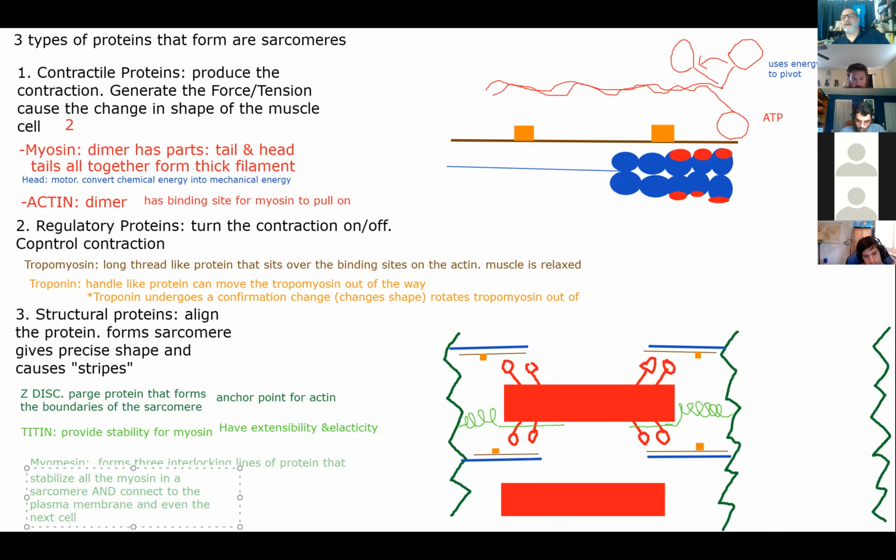And so we'll draw that here in simplicity as just 3 straight lines. And I'm going to try to move those so they're a little bit more towards the center of my sarcomere. And there you go.